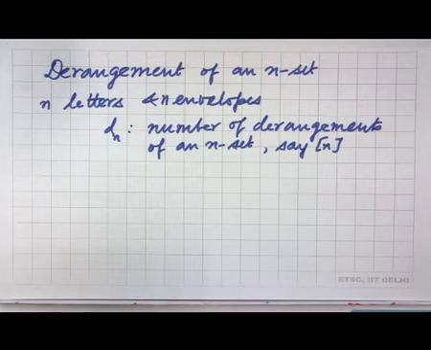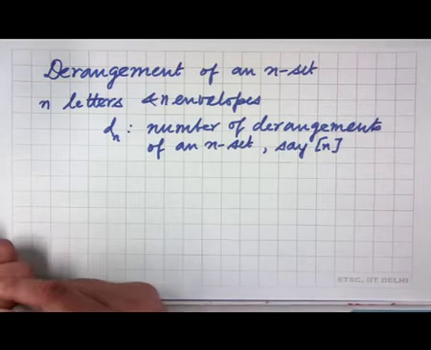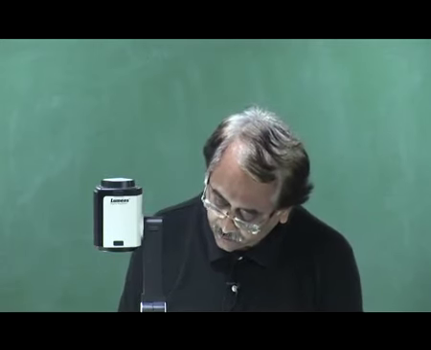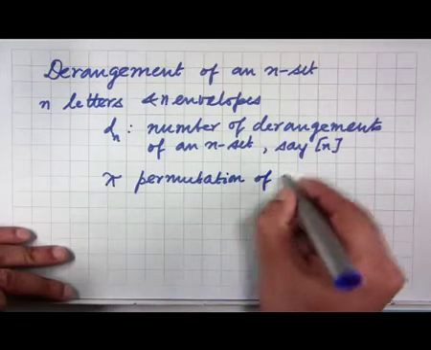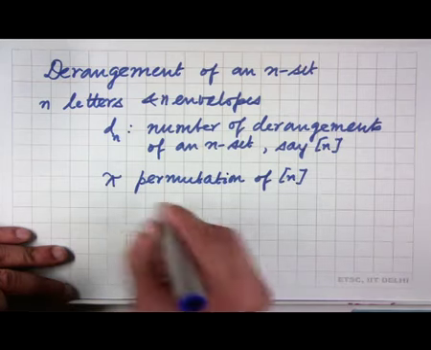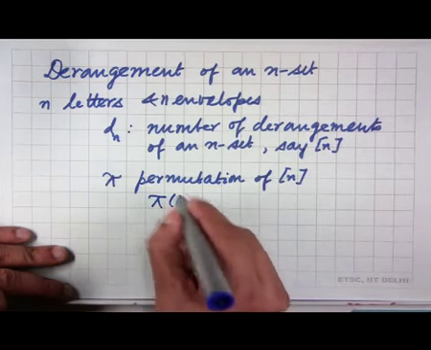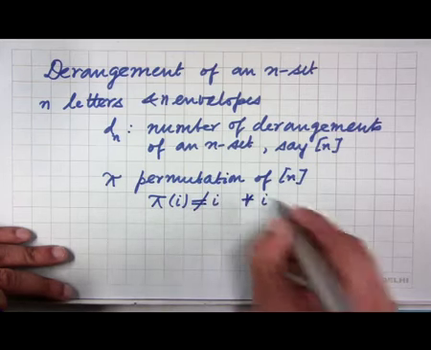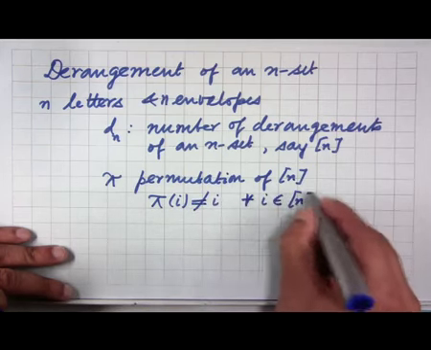And we're looking at the permutations of 1 to n, in which pi, which is a permutation of the set n, has the property that pi on any symbol I is not equal to I. And this is true for every I in the set 1 to n.